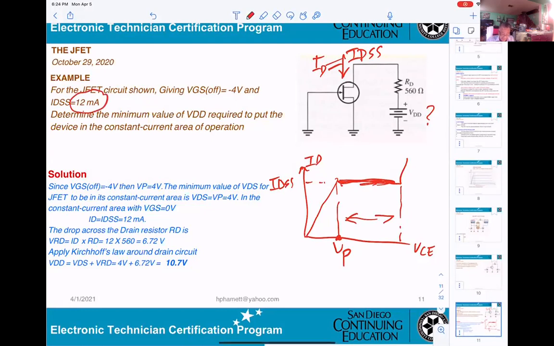Okay. Now, if they give you VGS off equal minus 4 volt, then what does VP equal?